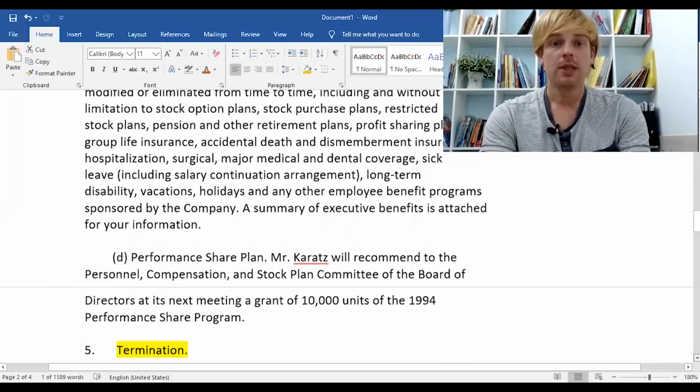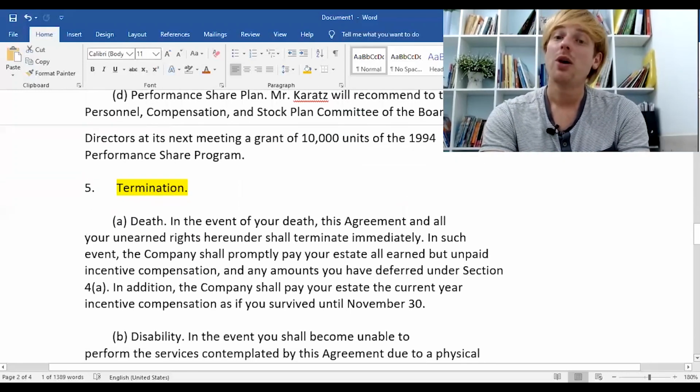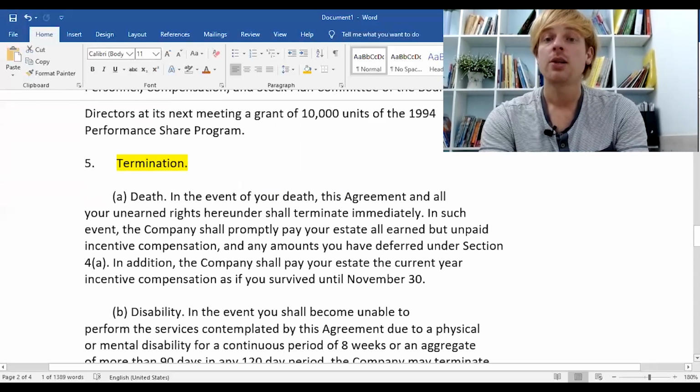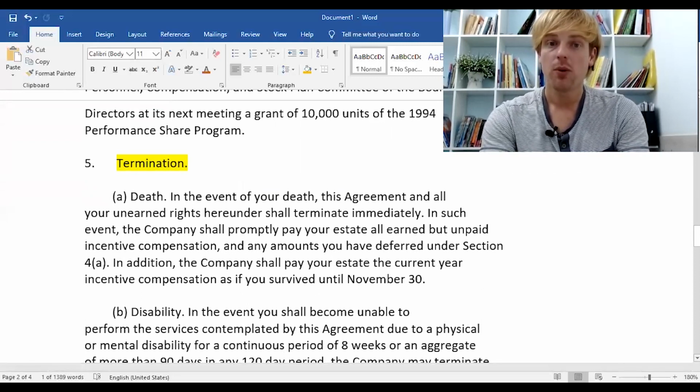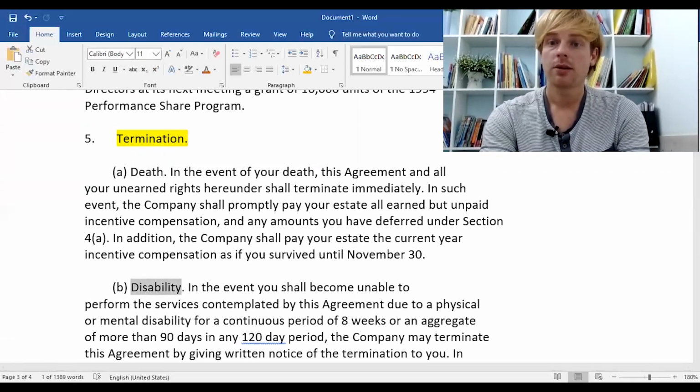So we continue down. Termination. Termination means when someone is fired, right? You're fired from the company. But in a contract, termination means when the contract can stop. So termination here, the contract can stop if you die, stops at death, if disability, someone is hurt.